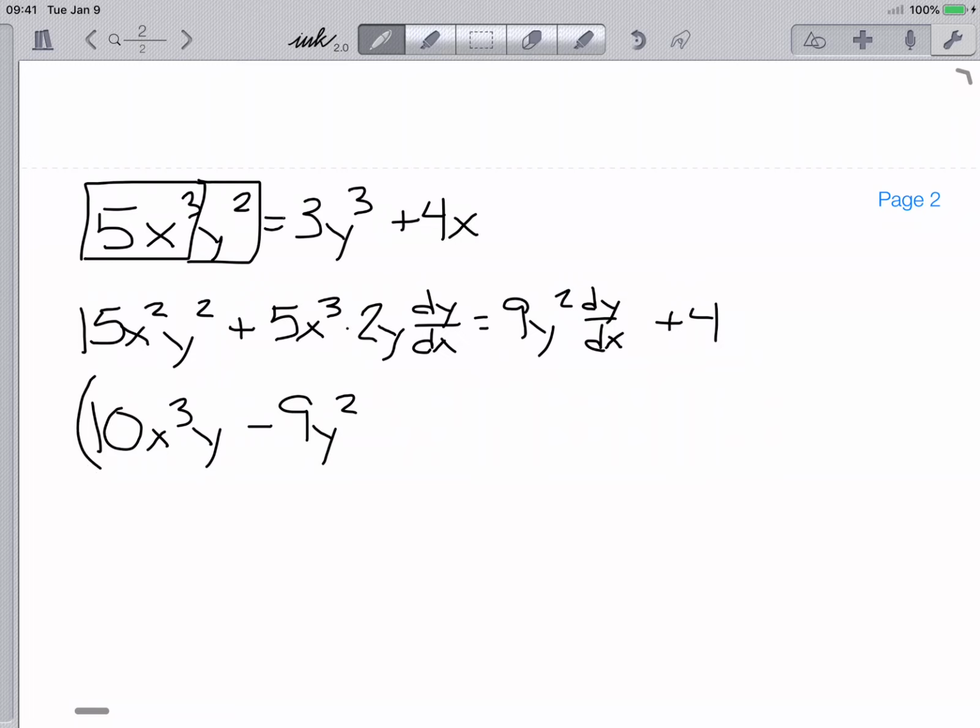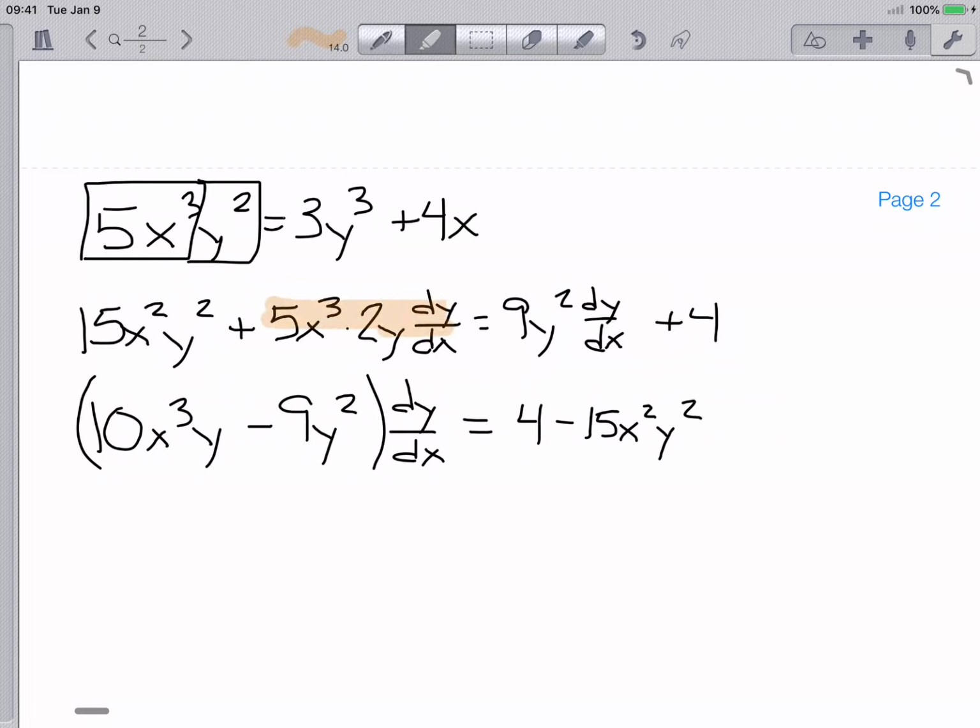And I'm going to go ahead and factor out the dy/dx because both of those things have dy/dx in them because I purposefully moved them to the left side of the equation. And then I've got equals 4 minus 15x squared y squared. So again, I knew that both of these terms had dy/dx in them, which is why I factored it out once I subtracted the 9y squared dy/dx to the left side.